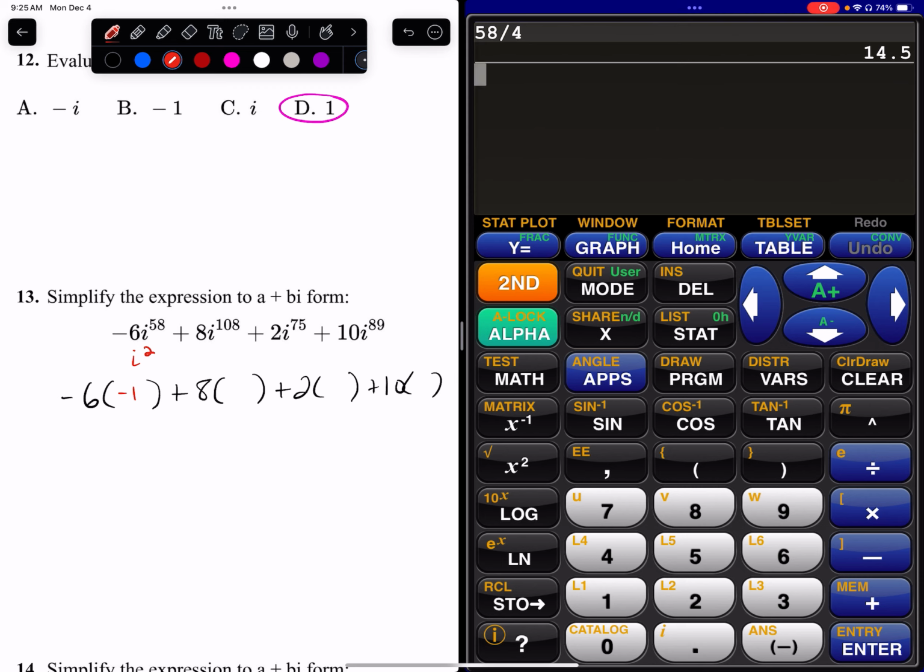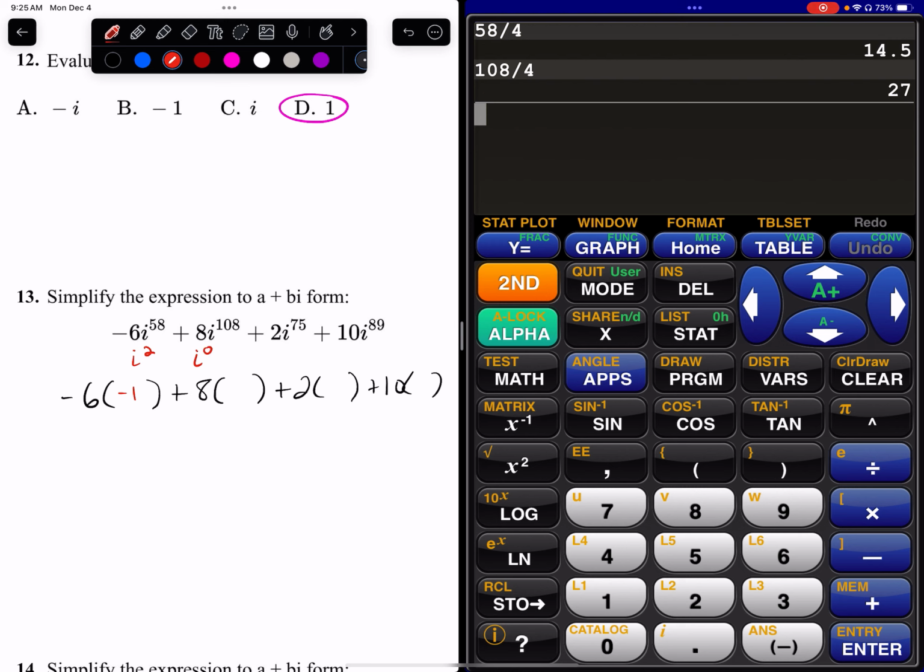And then I look at the next example. I do 108 divided by 4, and then I get 27. So there's no decimal place, so this is i to the 0, right? Anything to the 0th power is 1, even if it is an i. And then I'm going to try 75 divided by 4, and I'm going to get 18.75.